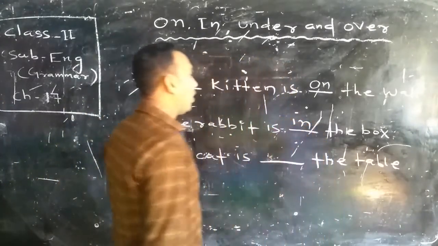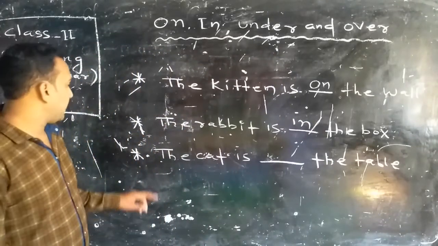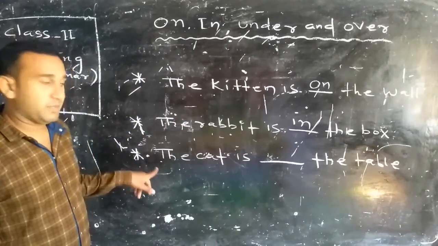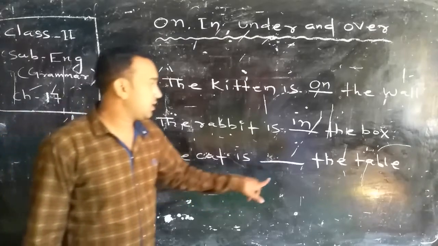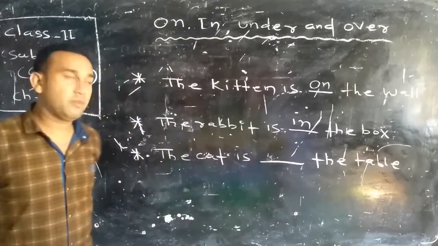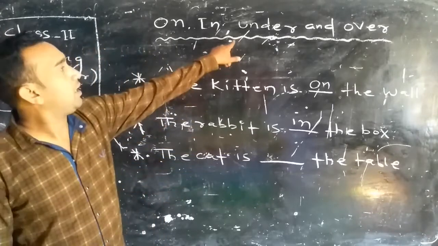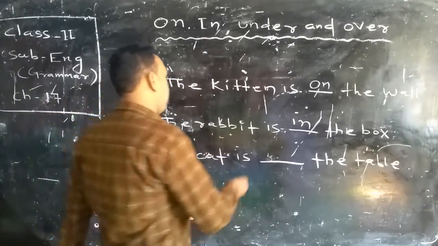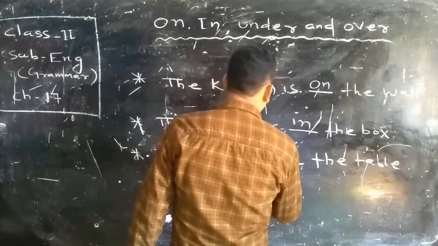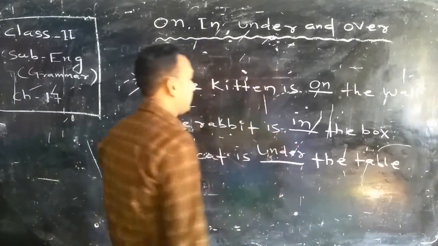In the box. Okay. Then third number, the cat is what? The table. Fill in the blanks. What? We have to use under. Okay. The cat is under the table.